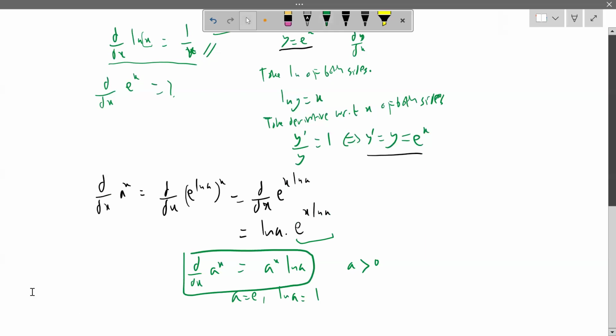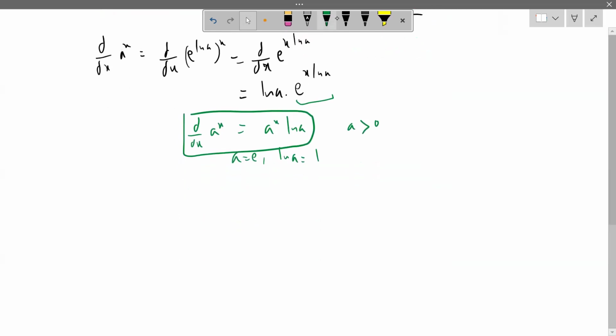But now, what about the third one? For the third function, both the base and the power, or the exponent, is a variable. So neither of the two strategies will work.